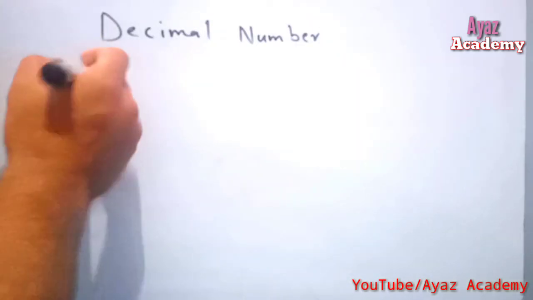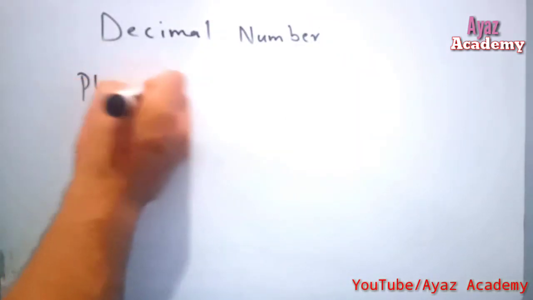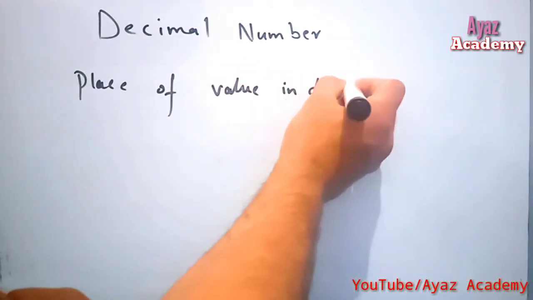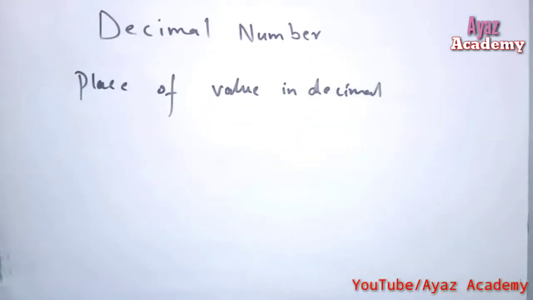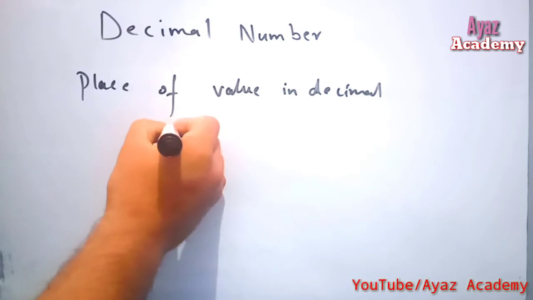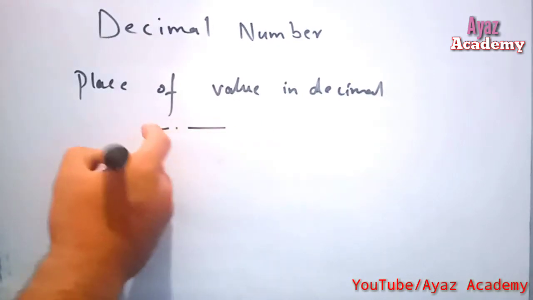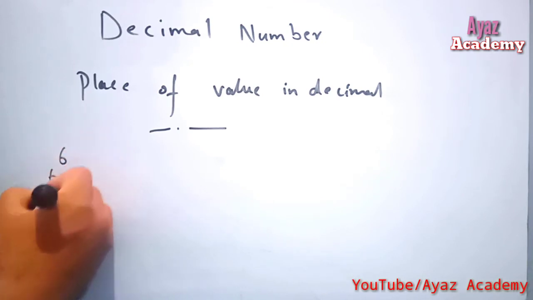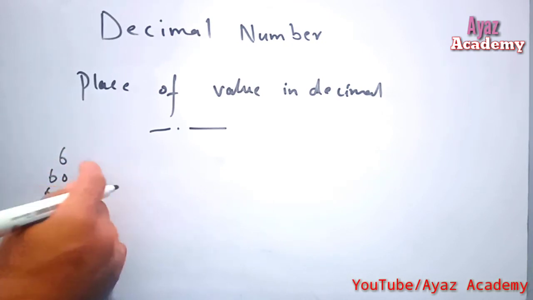Now place value in decimal. Place value in decimal means, in a decimal number there are two parts. One is called the whole number part and the other is called the fractional part. From the point leftward, this is right. So for example, let's suppose 6, 60 and 600.